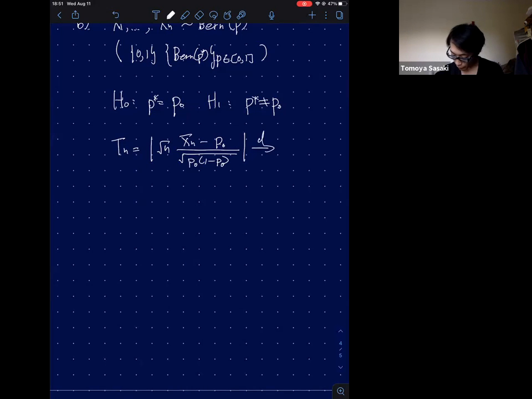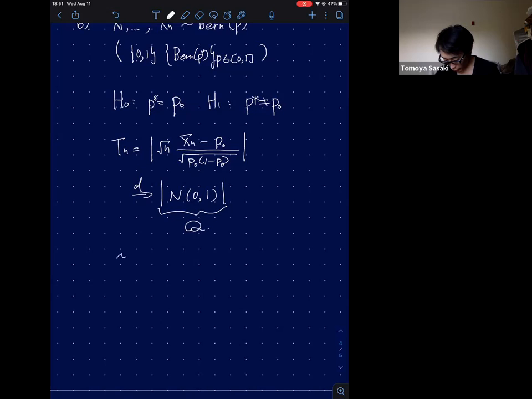And we know that, thanks to the central limit theorem, this is going to converge to a normal distribution, but with the absolute value sign staying.